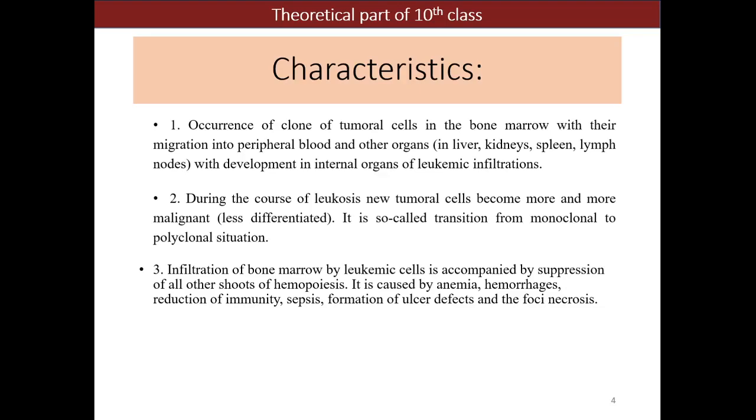So overgrowth of one clone of cells in the bone marrow will lead to depression of all other cells in the bone marrow, and as a result, we will see depression of their functions. For example, depression of leukocytes will lead to depression of the immune system, and as a result, we will see development of sepsis, and decrease of platelets will lead to hemorrhages and some problems with thrombosis.